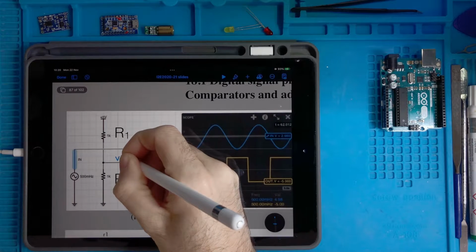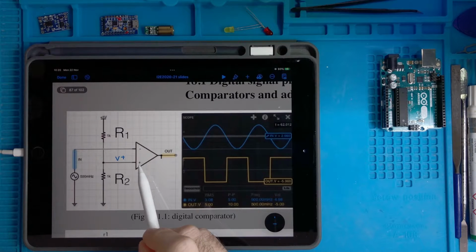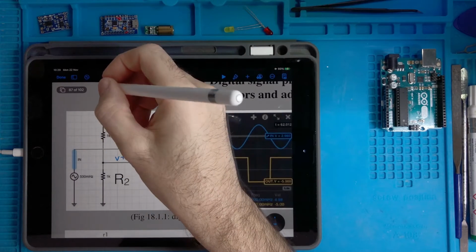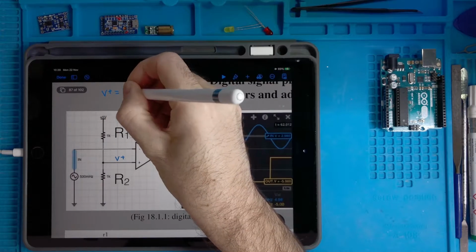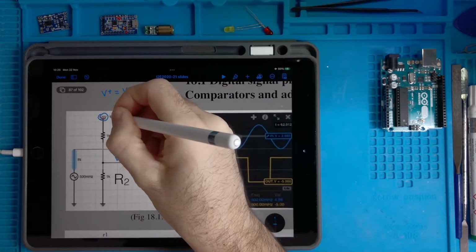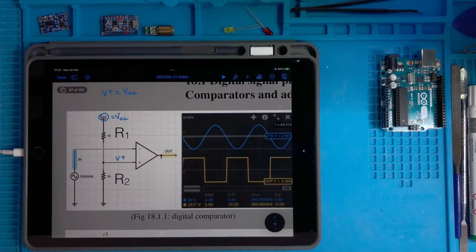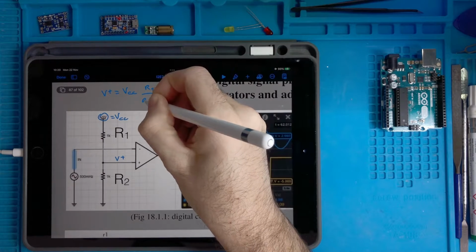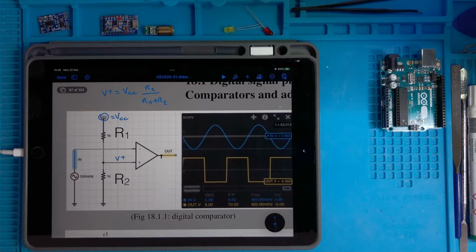I call it V plus, because later it will be applied to the positive input of an operational amplifier, and V plus is VCC, multiplied by R2 over R1 plus R2.